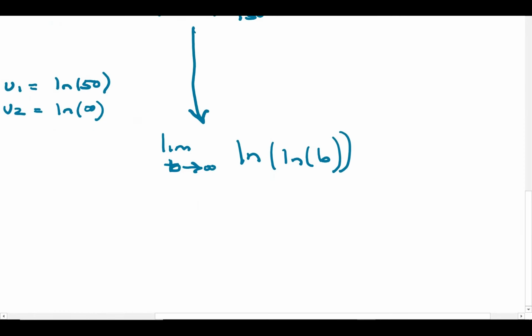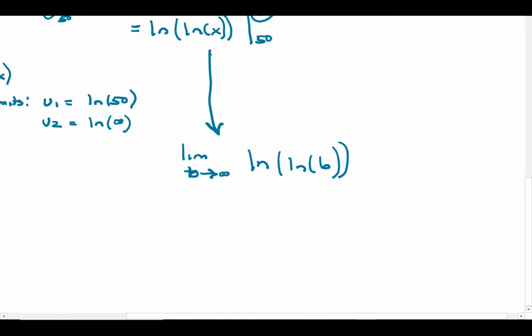The key here is what we know about this relation when we're focusing on this upper limit. This is where the problems occur.